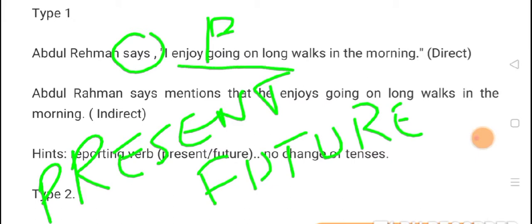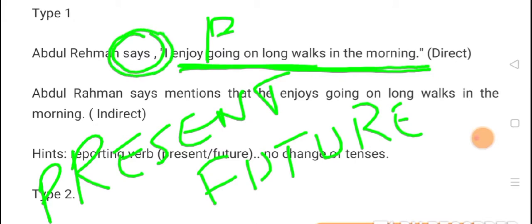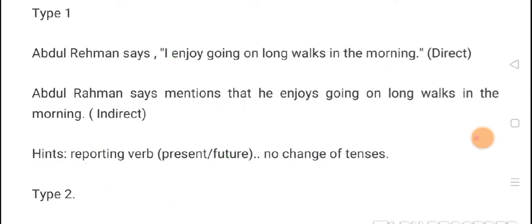So this is our reported speech, and we can't change its tense if the reporting verb is in present tense. "Says" is in present, so there would be no changing of the tense.